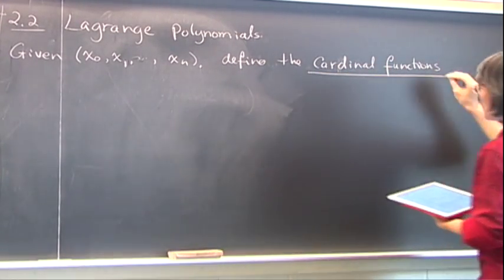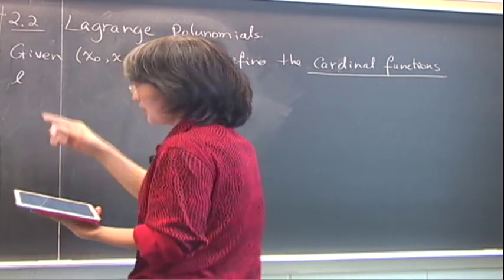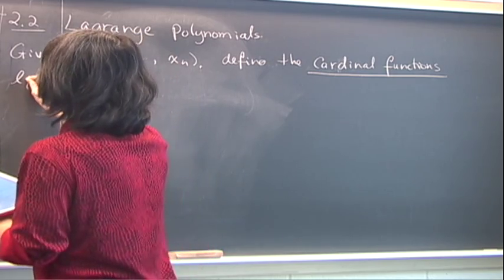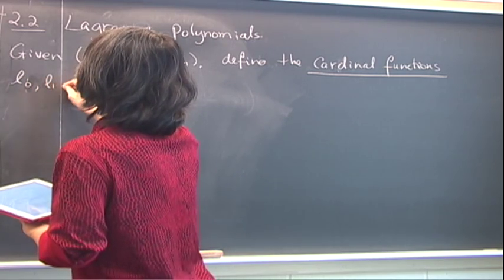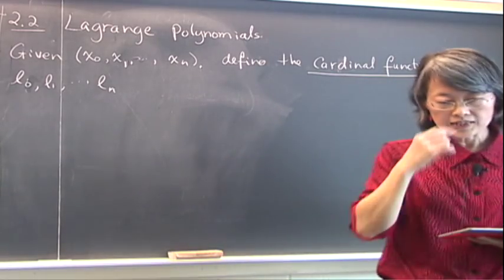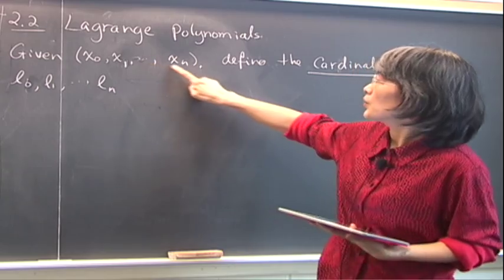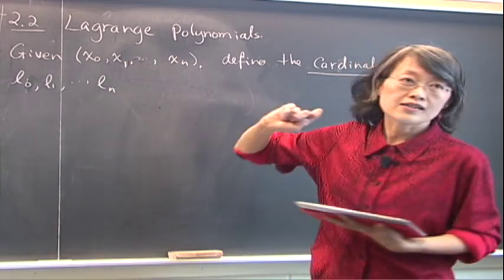That's what I'm trying to define here. And these are called L. L actually stands for Lagrange, Li. So let me write it: L0, L1, Ln. There will be n plus 1 such cardinal functions, each one associated with each point that you're representing. So Li will be associated with xi, okay?